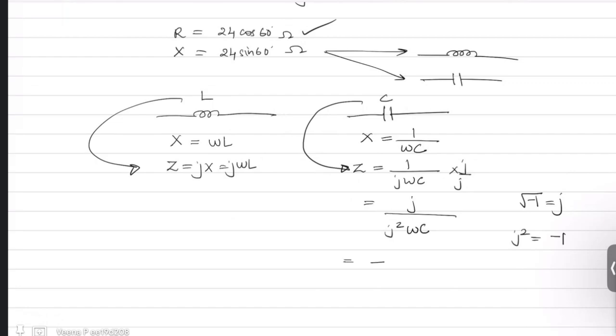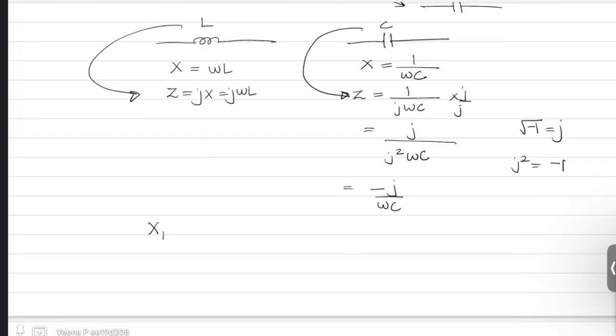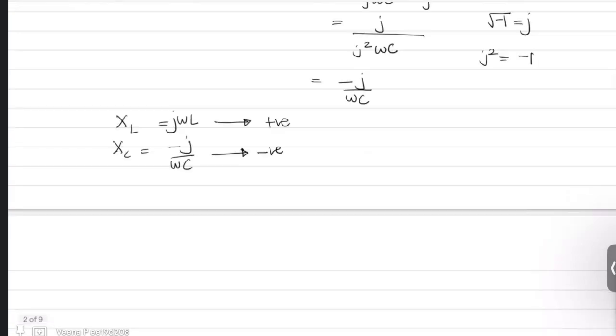So this makes it minus j by omega C. That means the impedance of an inductor is j omega L and that of a capacitor is minus j by omega C, because the general impedance is expressed as R plus jX, where R is the resistance and X is the reactance. So the reactive impedance is positive for an inductor and negative for a capacitor.